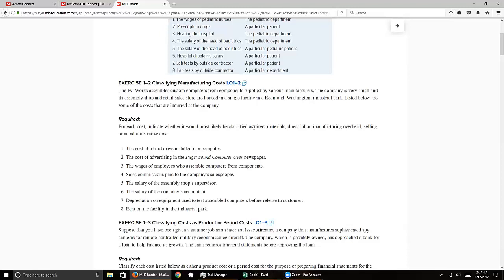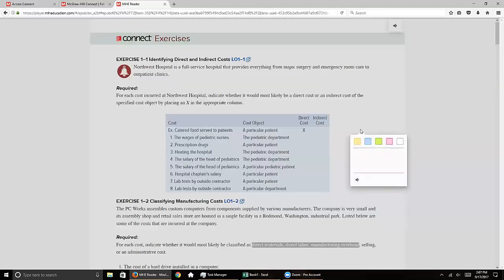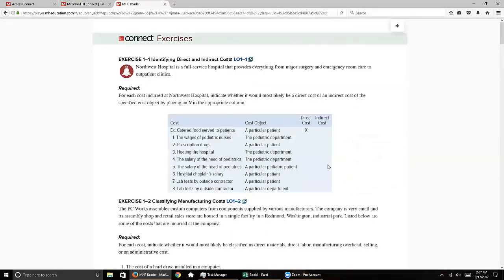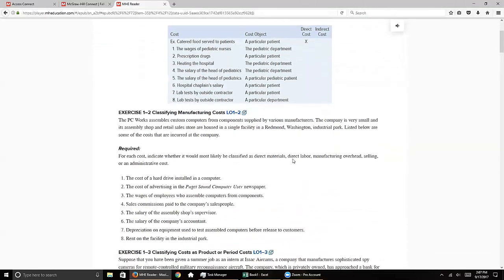And just to recap really quickly, those first three, direct materials, direct labor, manufacturing overhead, are what we consider our manufacturing or product costs, right? And then selling and admin fall under that separate bucket of non-manufacturing, aka period costs.